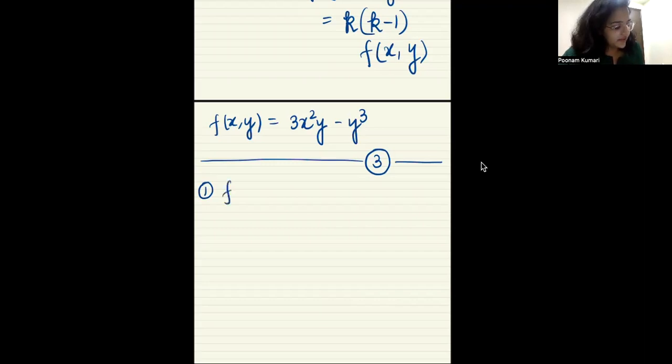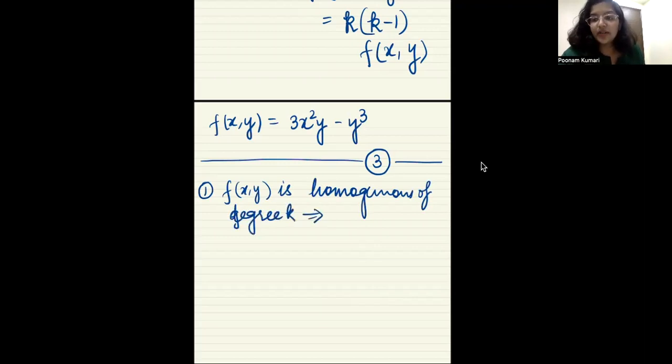If this function f(x, y) is homogeneous of degree k, then what should happen? Which is Euler's theorem as well.